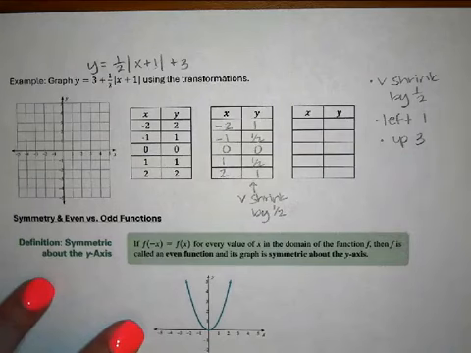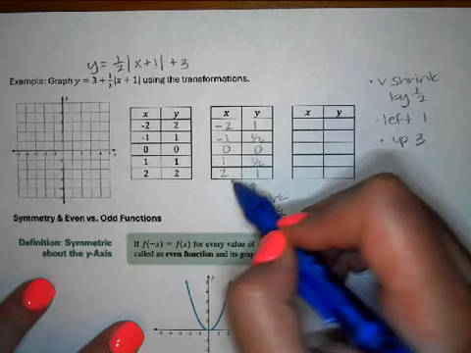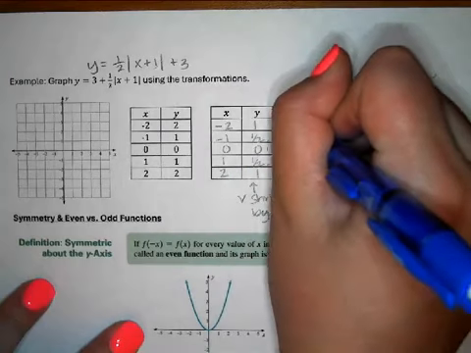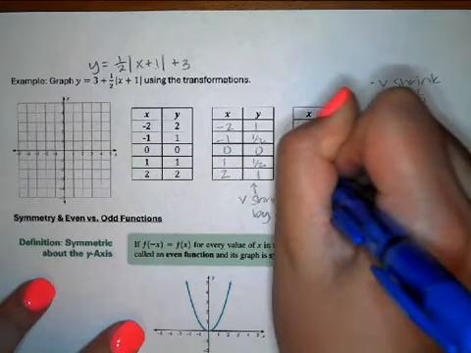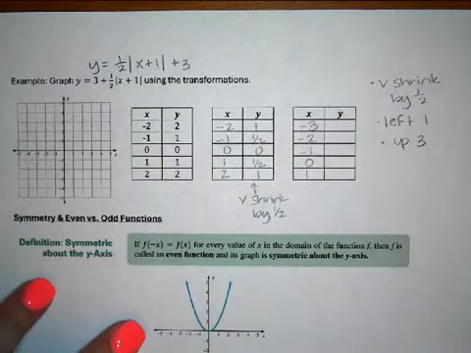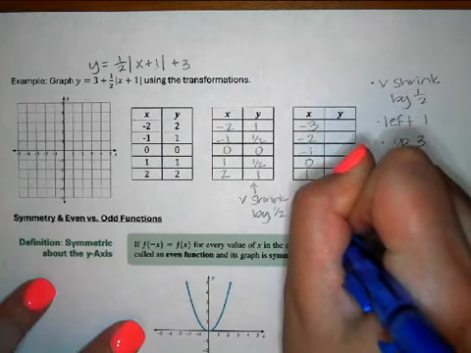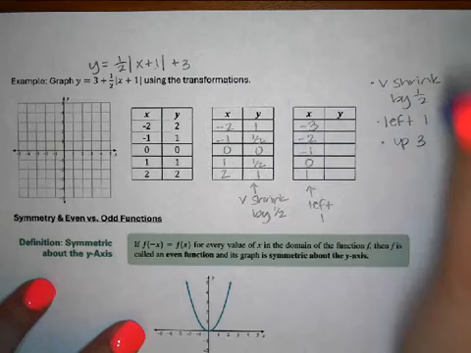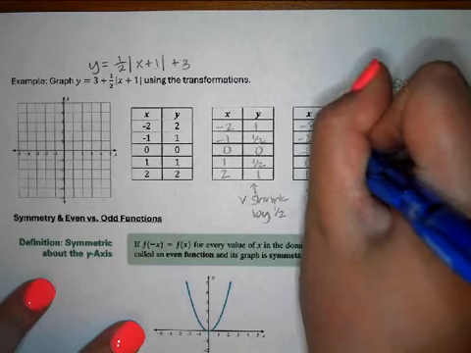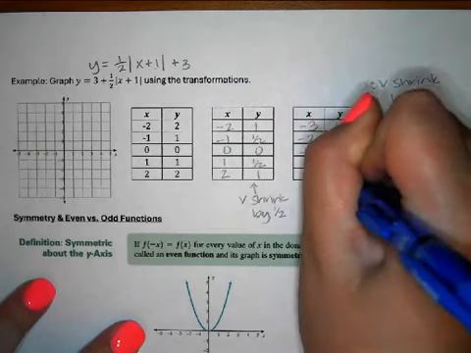All right, so to shift all my points left 1, I need to take all my x coordinates and subtract 1 from them. So -3, -2, -1, 0, and 1. That is left 1, okay? And then to shift all the points up 3, I just need to add 3. So 4, 3.5, 3, 3.5, 4. Okay.